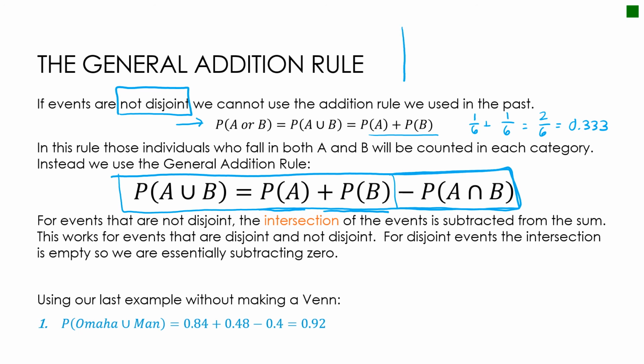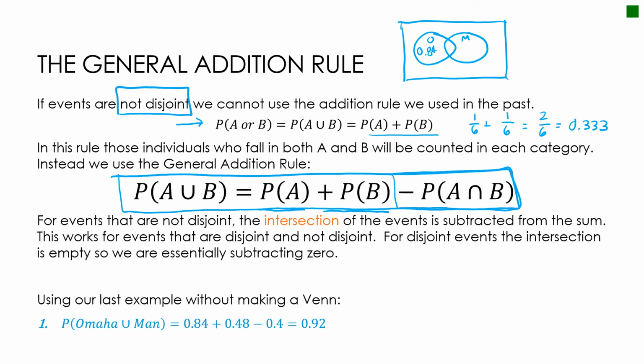So I'm going to look at the same example that I had before, where I had Omaha and I had men. And remember, initially we said 84% of people were from Omaha. And so if I would have put 0.84 here, and we know that's wrong, I should have put 0.44.